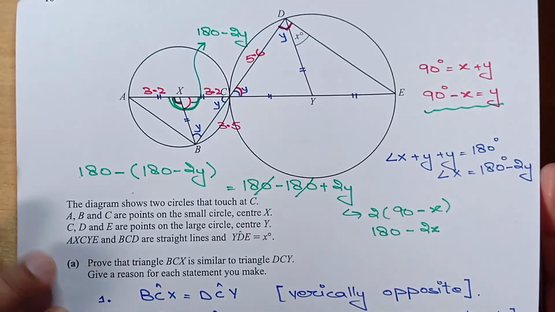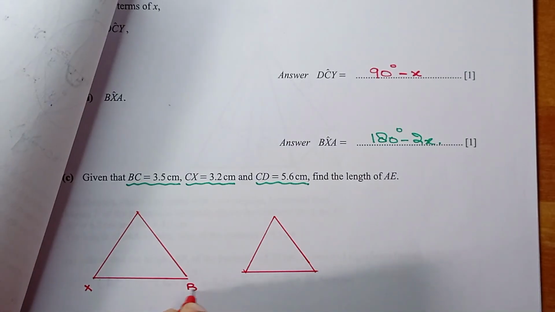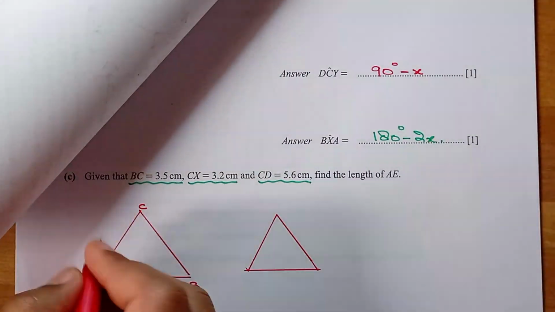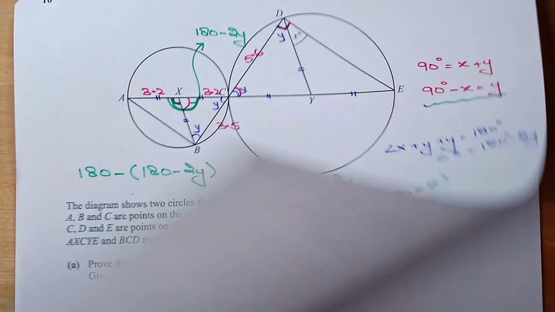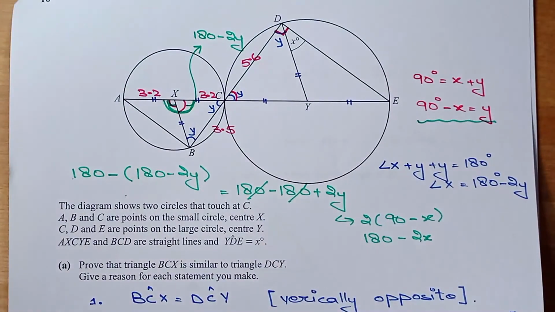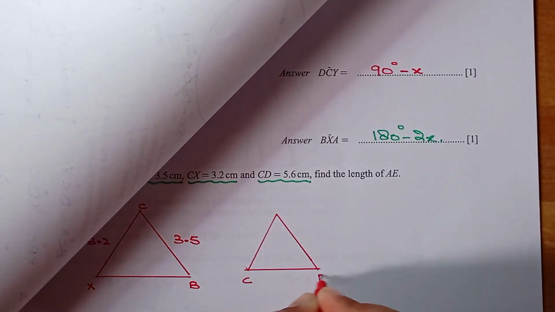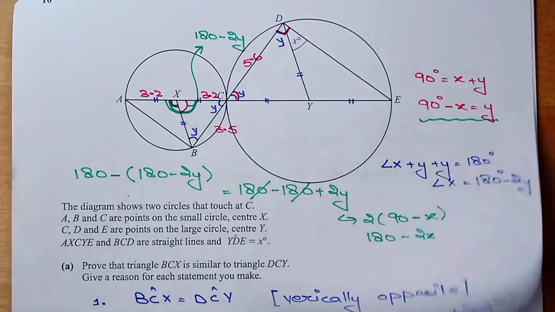First is X, B and C. XC is 3.2 and BC is 3.5. The next is C, D and Y, and CD is 5.6.